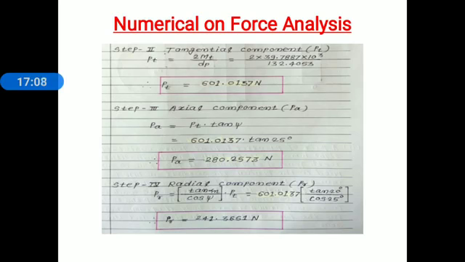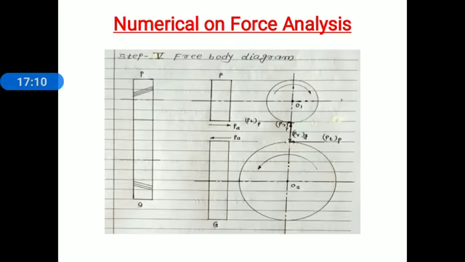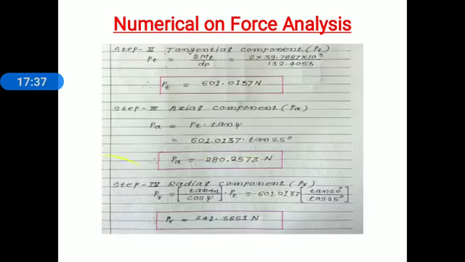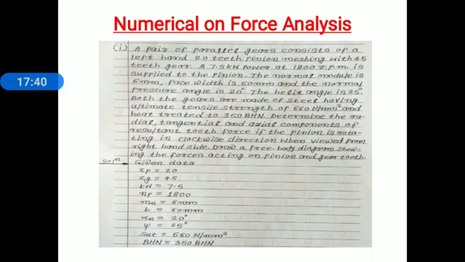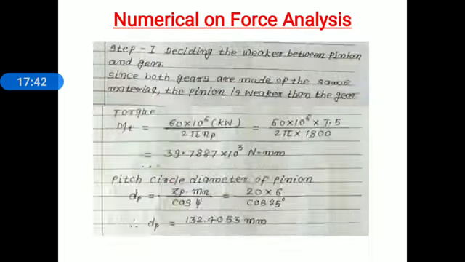After that, free body diagram. Step number 5, free body diagram. When we draw the free body diagram, first of all, draw the conventional representation of a helical gear pair. Now see the left hand side. This is the conventional representation of a helical gear. P for pinion, G for gear. In this problem, it is mentioned that the pinion is a left hand pinion.